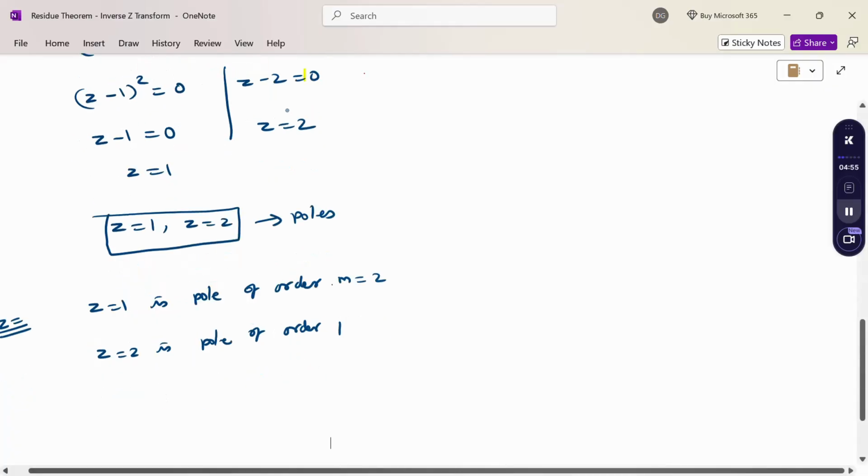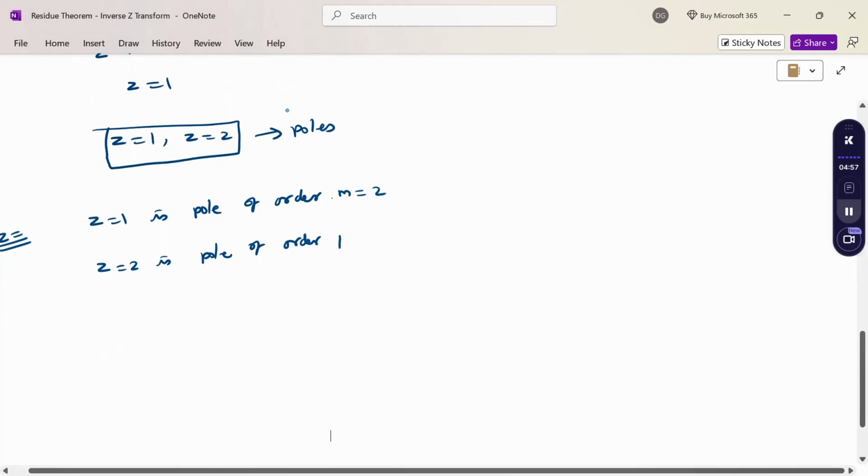Now z equal to 1 is a pole of order 2, so use the second formula to calculate the residue at z equal to 1.